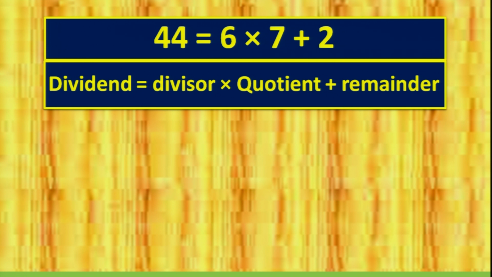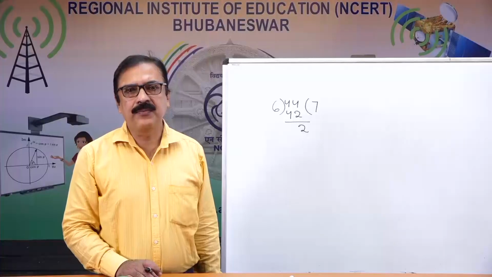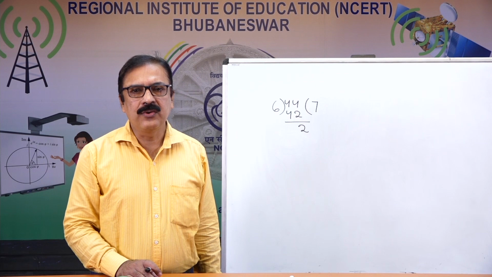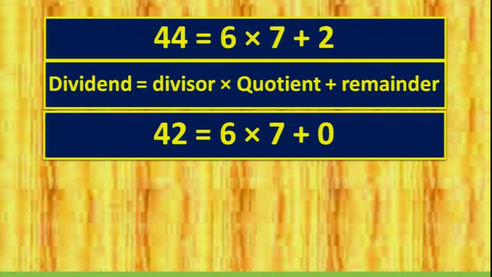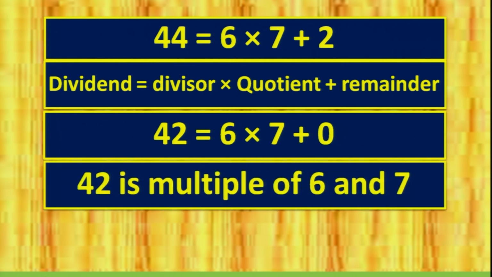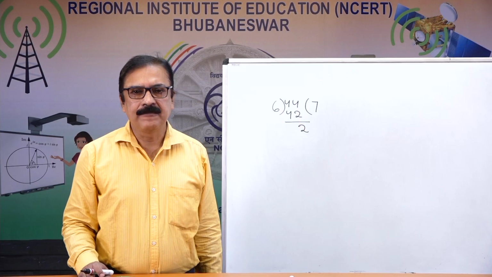Now let's see, if in place of 44 we take 42, then it becomes 6 into 7. 6 is the divisor and 7 is the quotient, and the remainder is 0. If the remainder is 0, then we say that 42 is a multiple of 6 and 7.